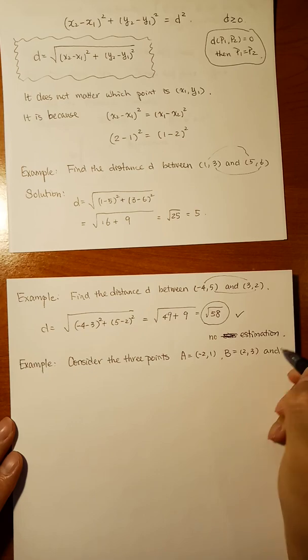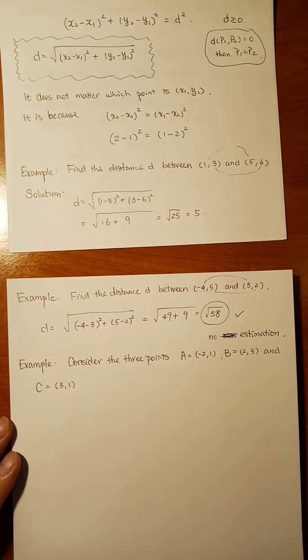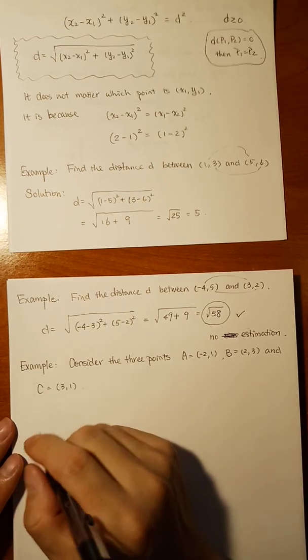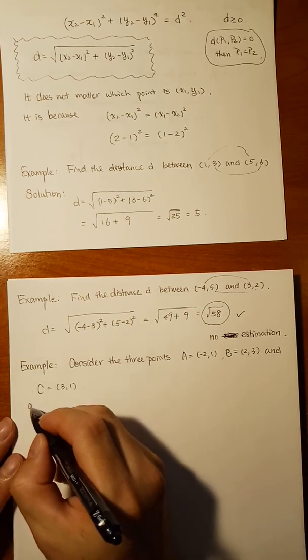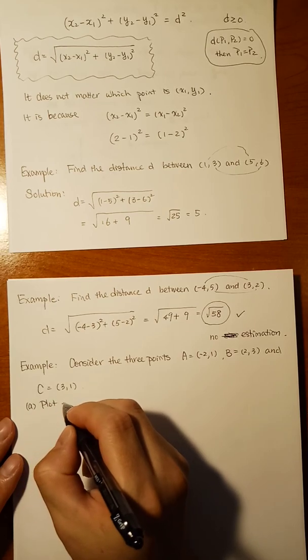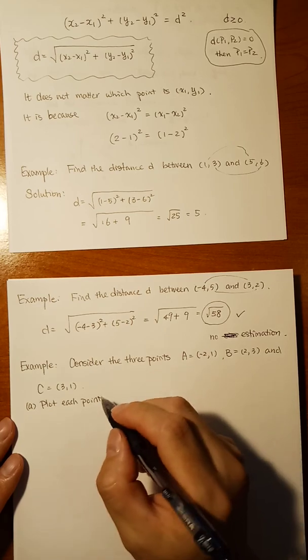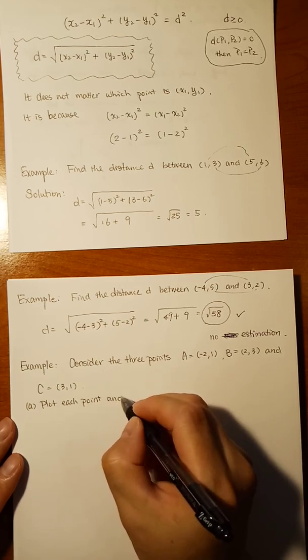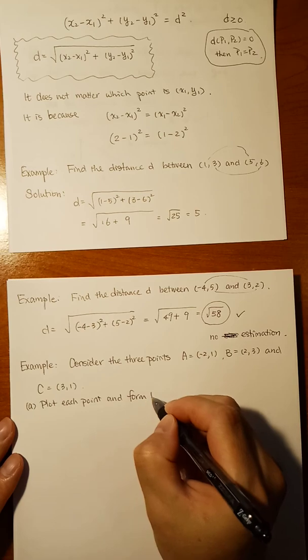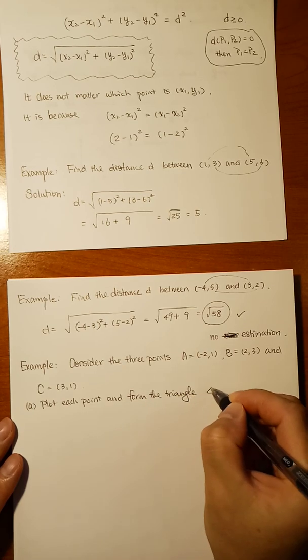And C is (3, 1). Okay, we have 3 points A, B, C. Then we have several questions. First question, plot each point and form the triangle ABC.